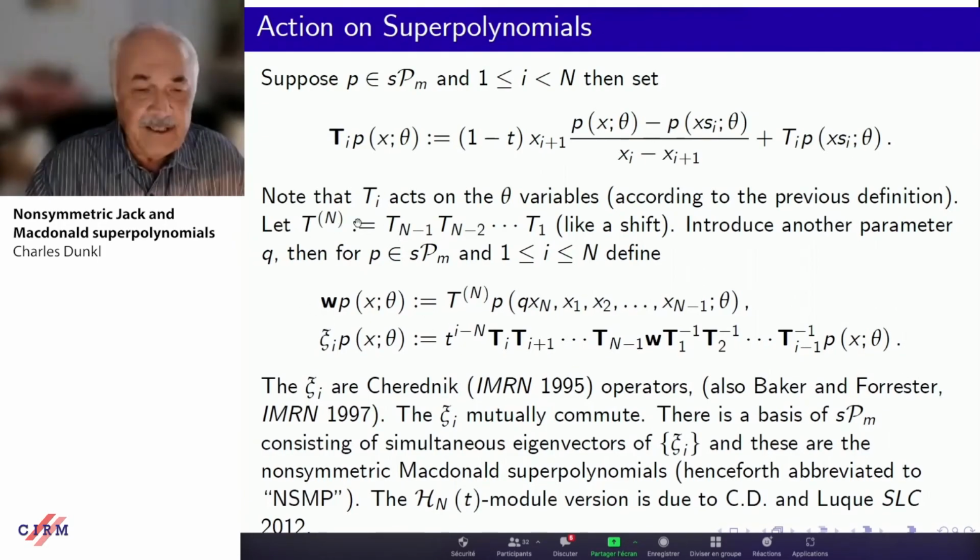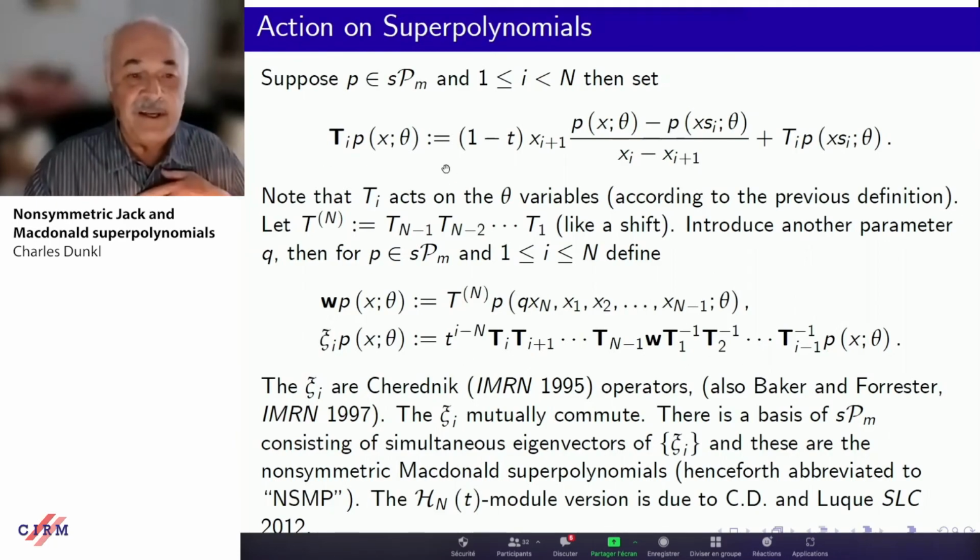Then we need something like the shift. Let's call it tn. So this is a product of the t's in this order. One more parameter q. Then we have the action of w. So the x's are shifted, multiplied by q. And then the tn shifts the theta variables. You put it all together into xi.